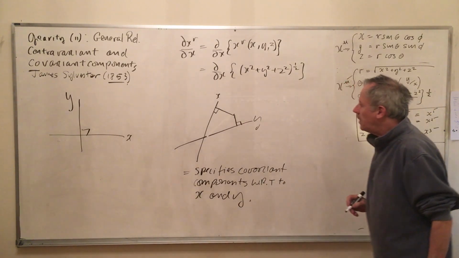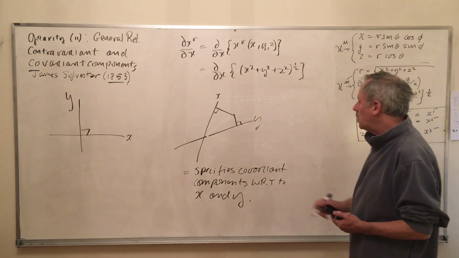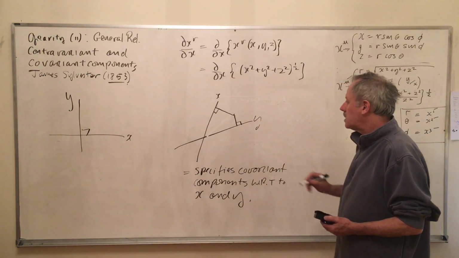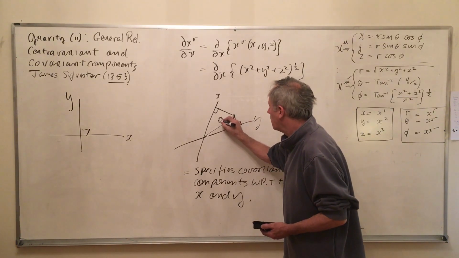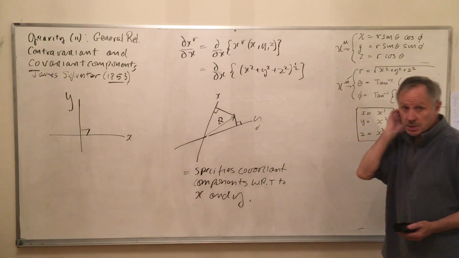So I would be specifying the point with covariant components with respect to the axis here, and it could be a position vector, the components of a position vector.